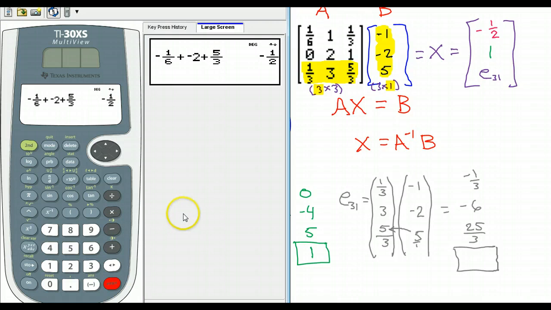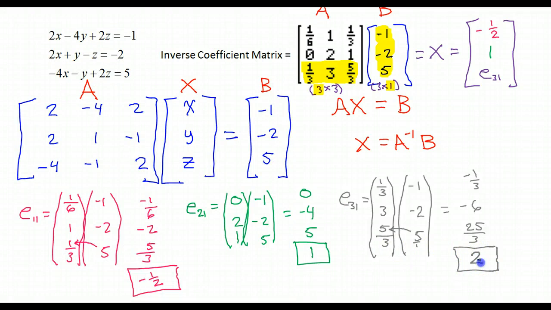Okay, so that is going to be -1 over 3, plus -6, plus 25 over 3. Okay, and we get 2. Okay, so that is the third and final value. Let's go ahead and put it in there.